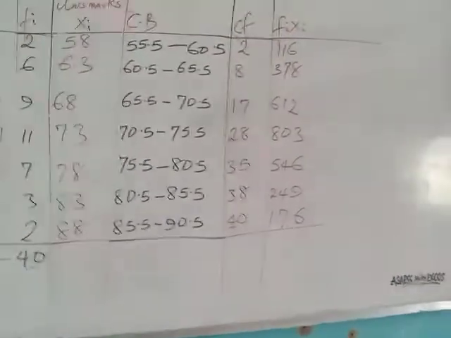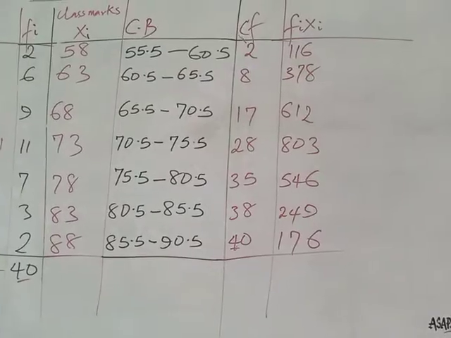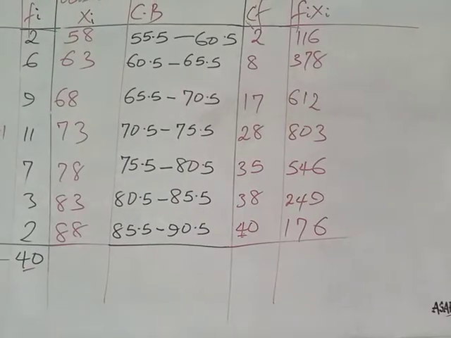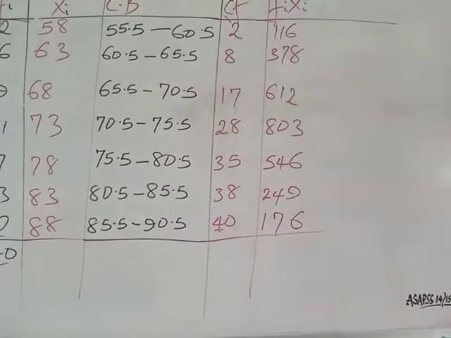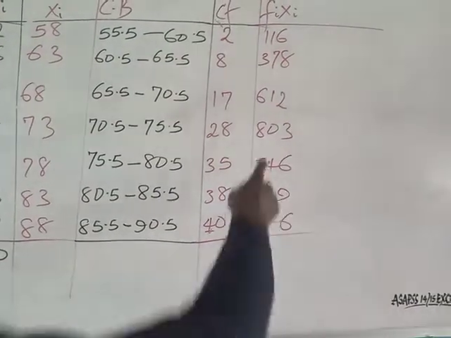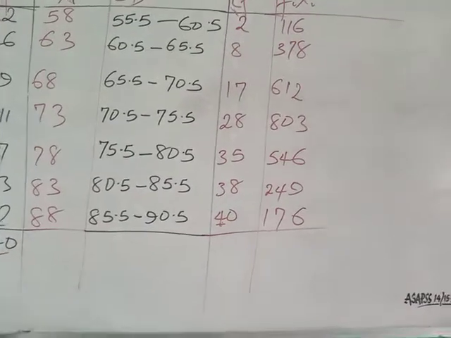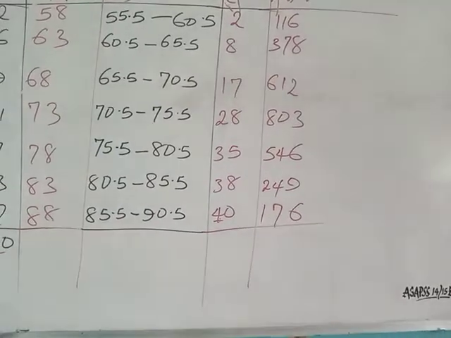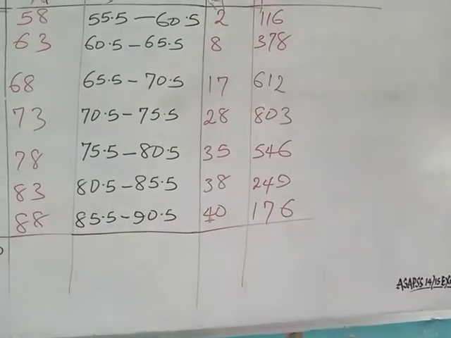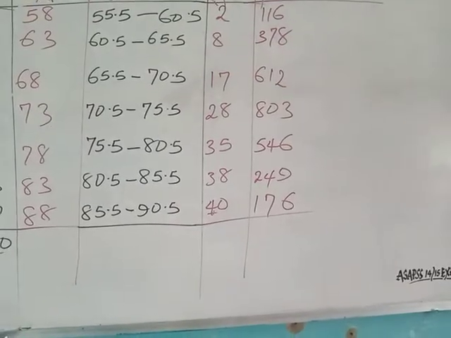When you sum it, that is 116 plus 378 plus 612 plus 803 plus 546 plus 249 and plus the last one, which is 176.